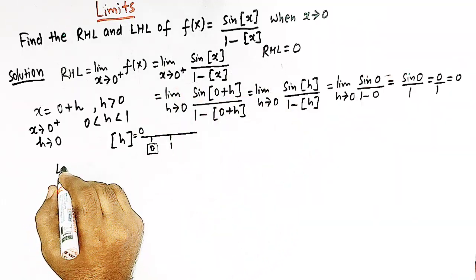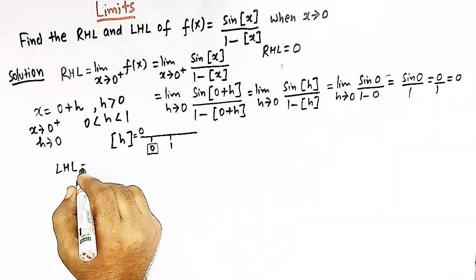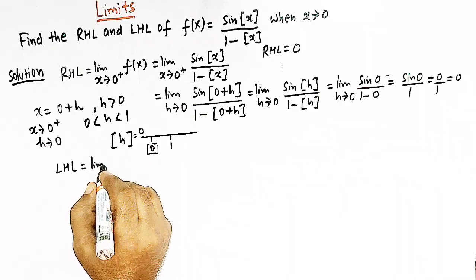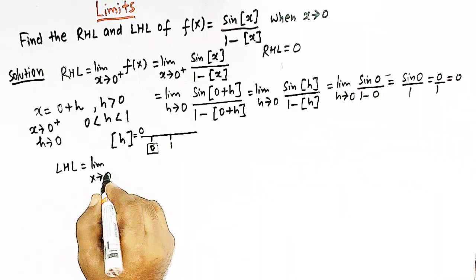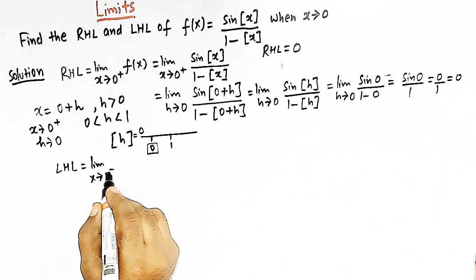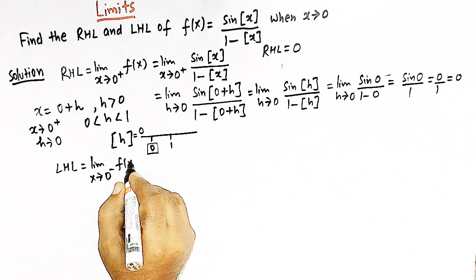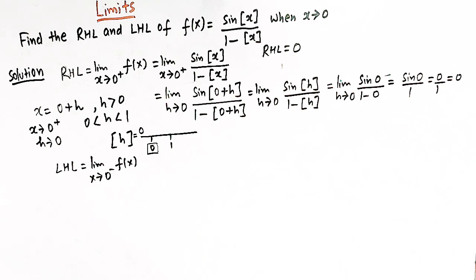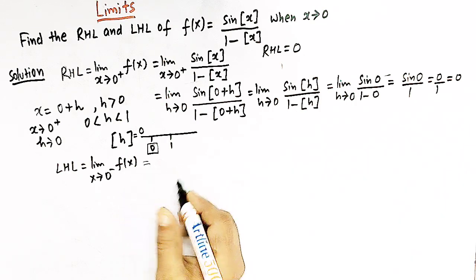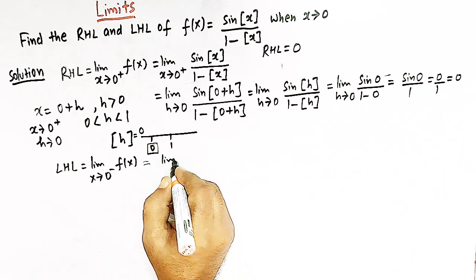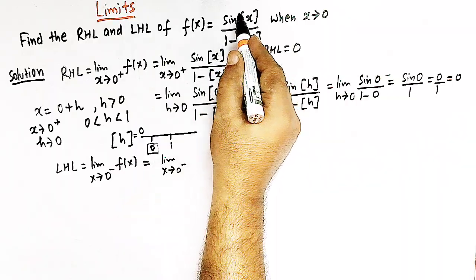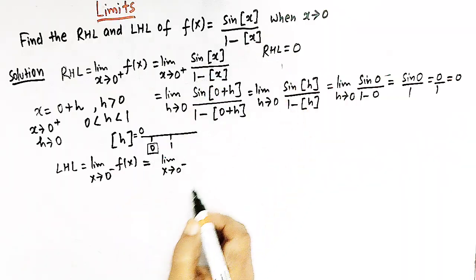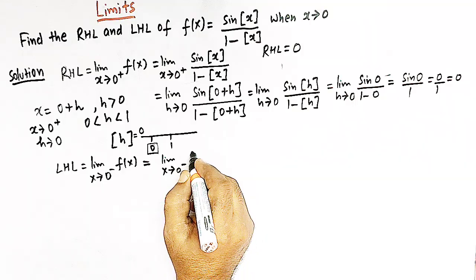Let us now find the left hand limit. The notation is limit x tends to 0 minus of f(x), where f(x) is sine of greatest integer of x divided by 1 minus greatest integer of x.